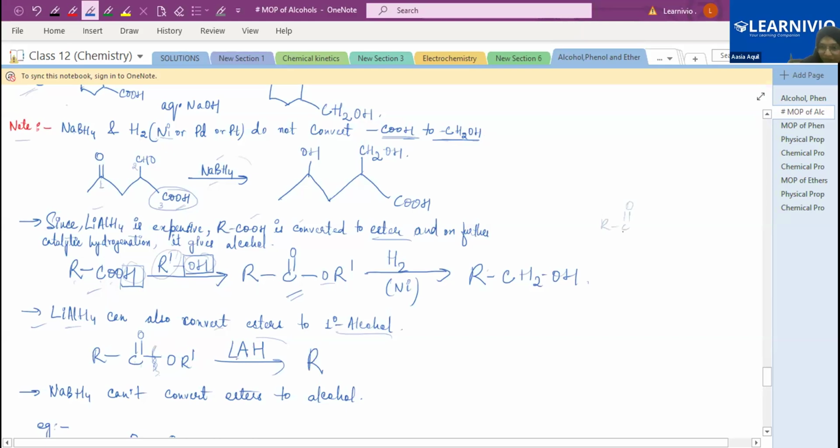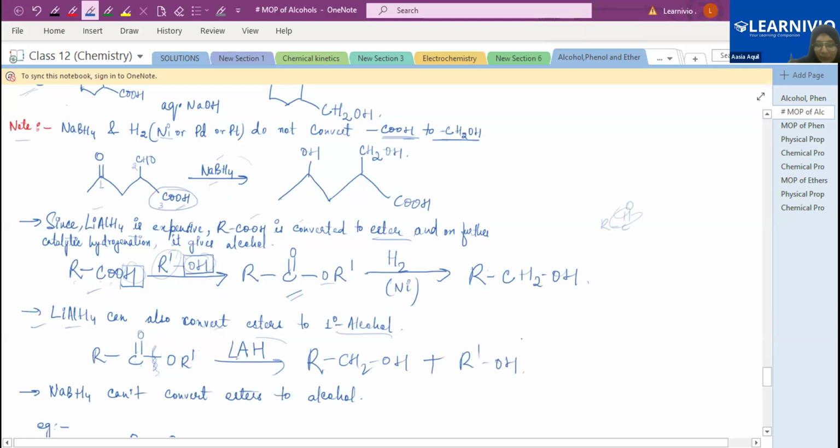You can just take it as a ketonic type of group. The CO group will be reduced to CH2OH, plus this R dash and O and H will make another alcohol. So you get RCH2OH and R dash OH.